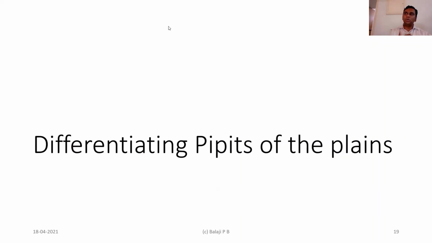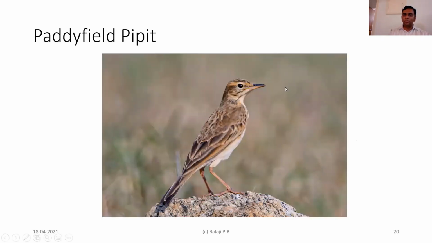And now it's a good time to observe the paddy field pipit at a very close range in different plumages. We have to study it very, very closely. We have to study as many specimens as possible so that we can internalize and become very, very familiar with the paddy field pipit.